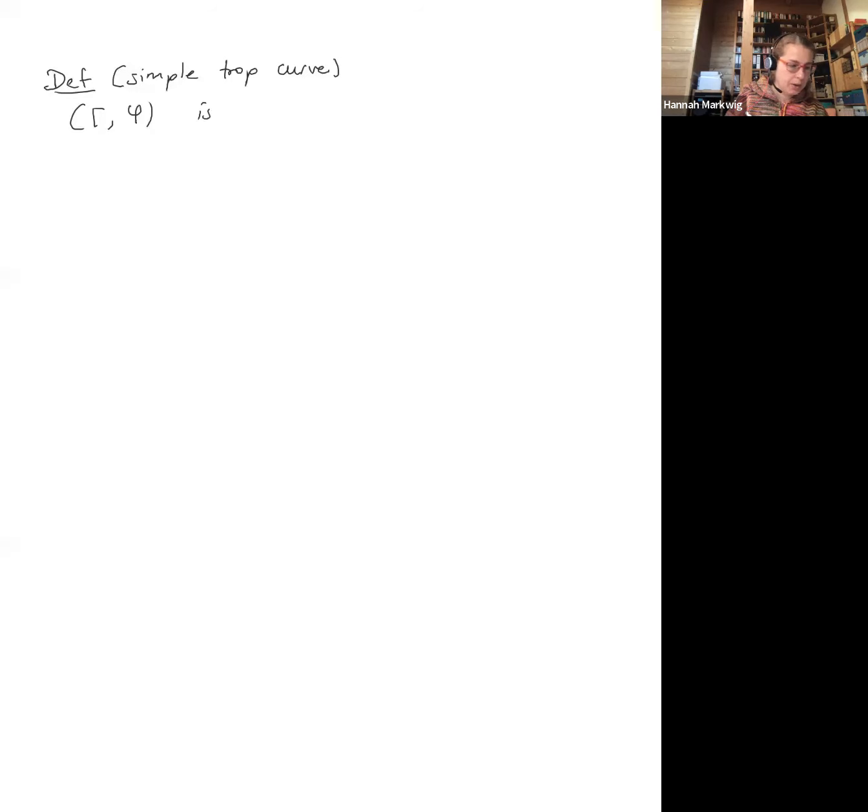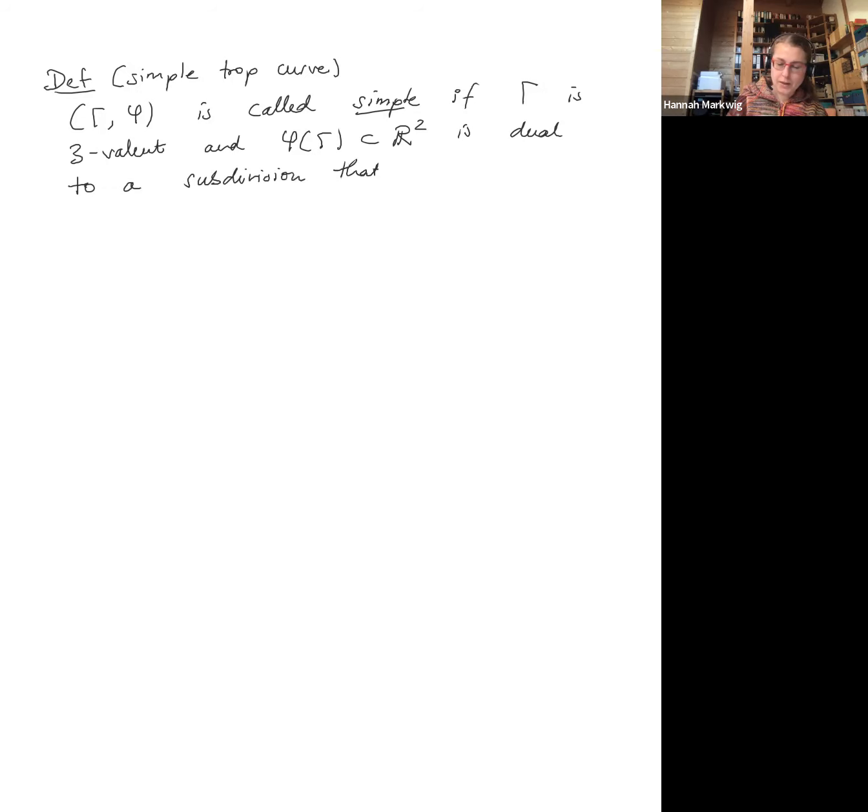Such a parameterized tropical curve is called simple if the abstract graph is three-valent and the image φ(Γ) in R^2 is dual to a subdivision that contains only triangles and parallelograms.